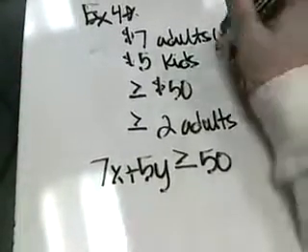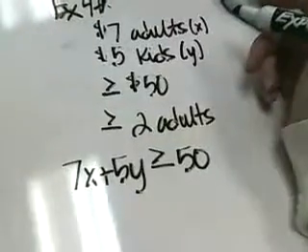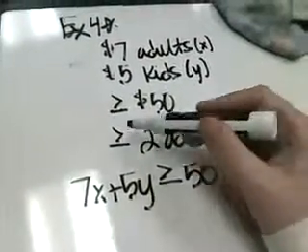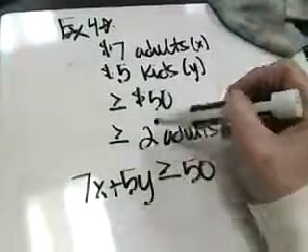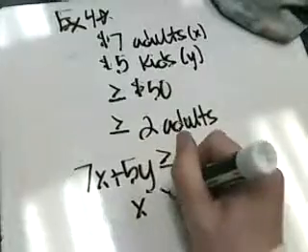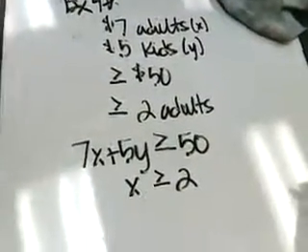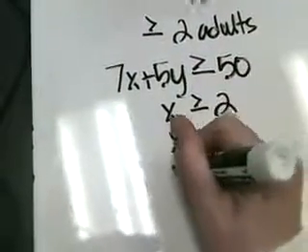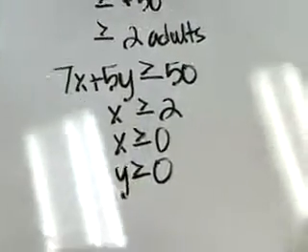So that means x is adults and y is kids. So that means if you want at least 2 adults, that means x has to be greater than or equal to 2. And then what are those 2 inequalities to make sure I get positive answers? X is greater than or equal to 0. Y is greater than or equal to 0. Let's graph.